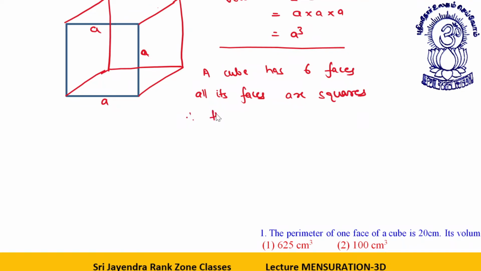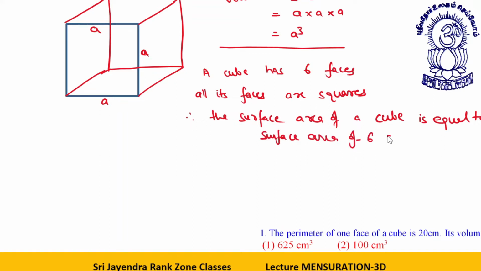Therefore, the surface area of a cube is the surface area of six squares.